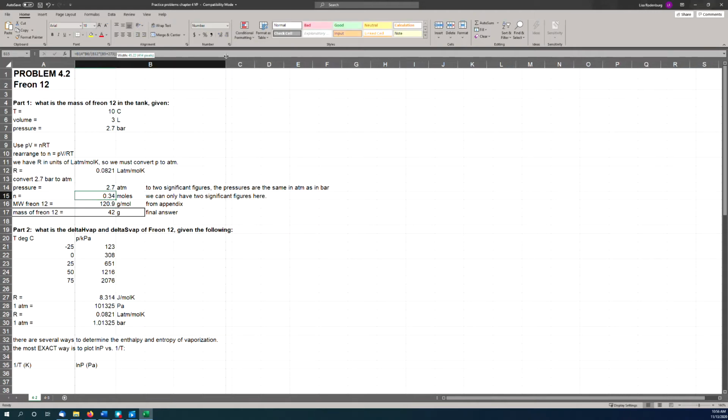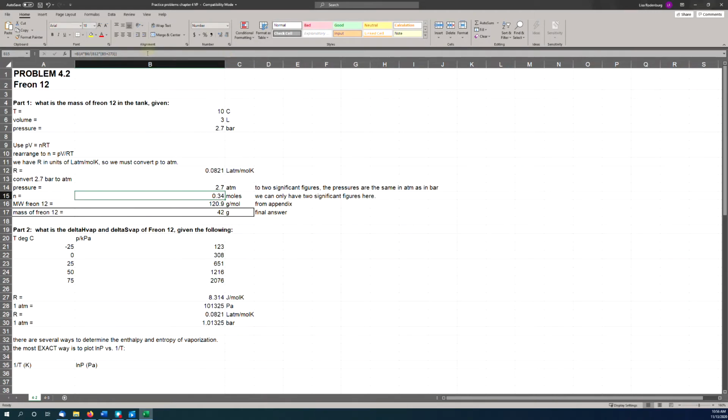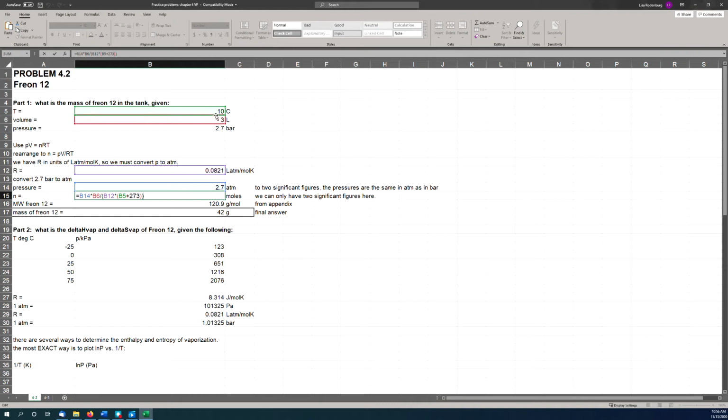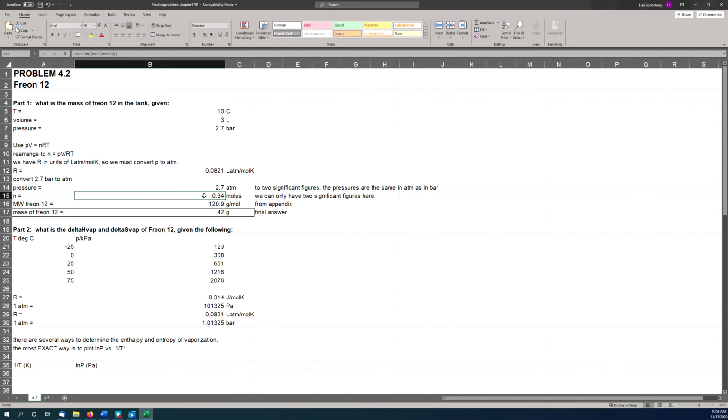Let me expand this a little bit so you can see what I'm doing here. Here's my 273, where I'm adding that onto the temperature to convert it to Kelvin. When I'm all done with this, I have liter atmosphere per mole Kelvin. I've got atmospheres, I've got liters, I converted this to Kelvin. So what I'm left with is moles. So 0.34 moles of gas in the bottle.